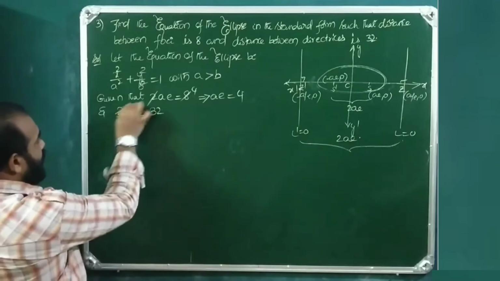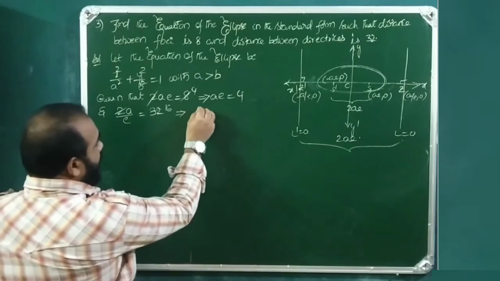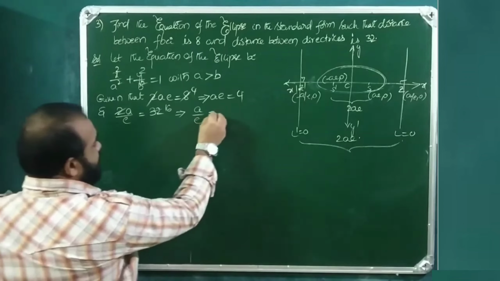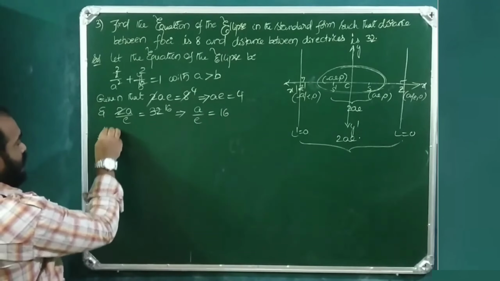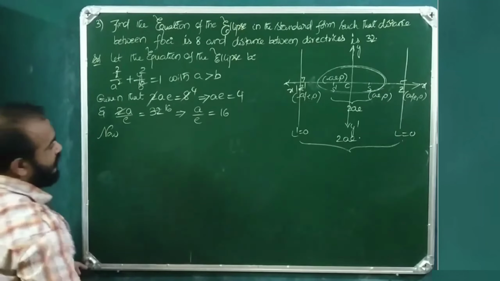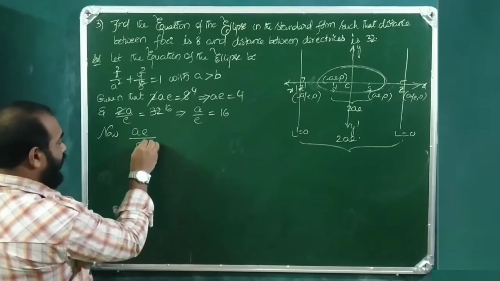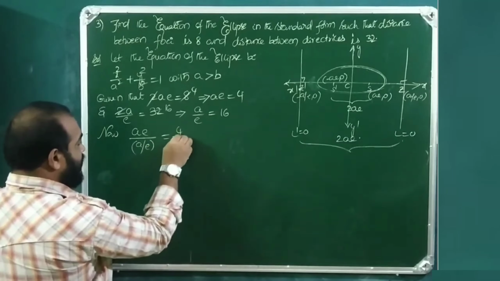So from this, A by E is equal to 16. Now let us divide AE by A by E, which is 4 by 16.